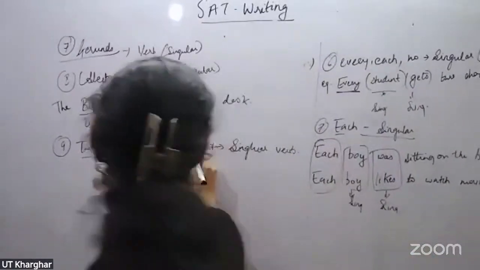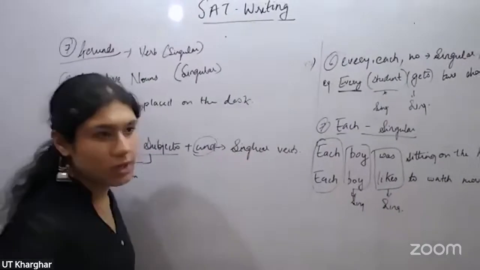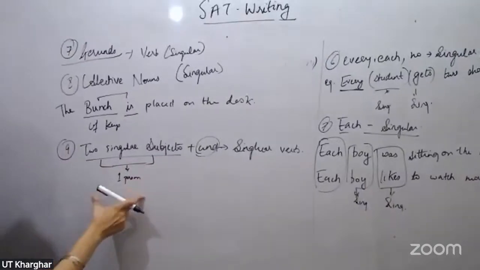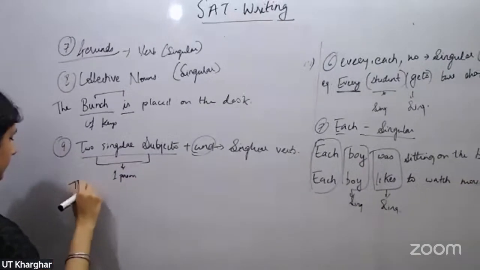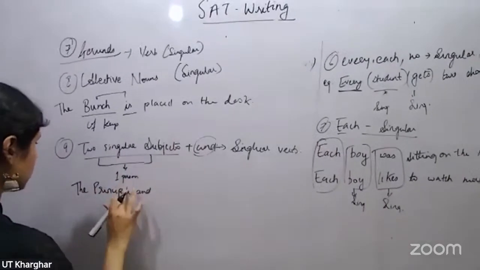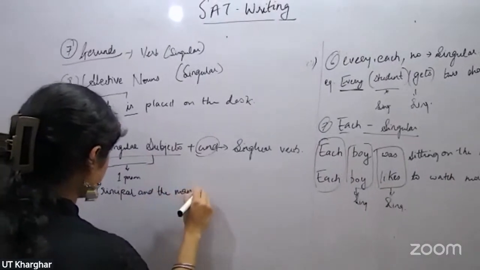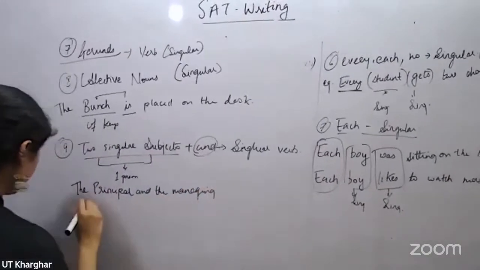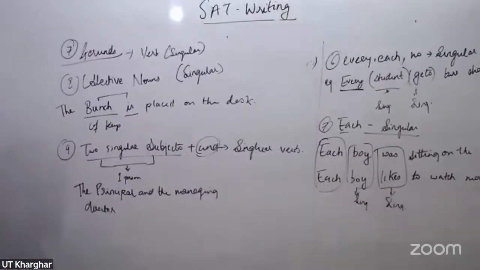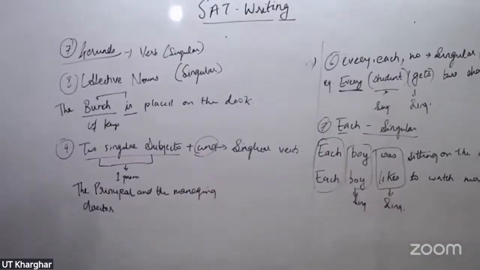See, what I told you: whenever we have and between two singular subjects, it will make the verb plural. But here again, if both of them are just one person, what will I say? The principal and the managing director is coming.